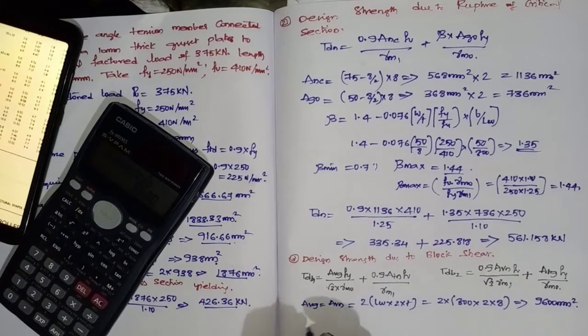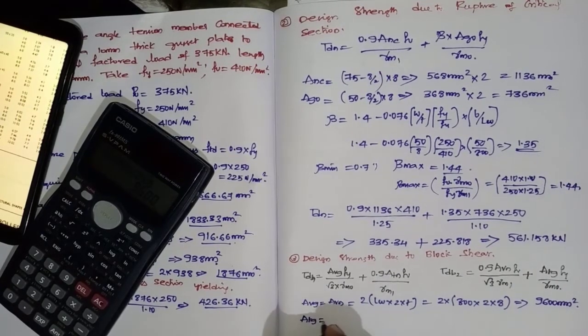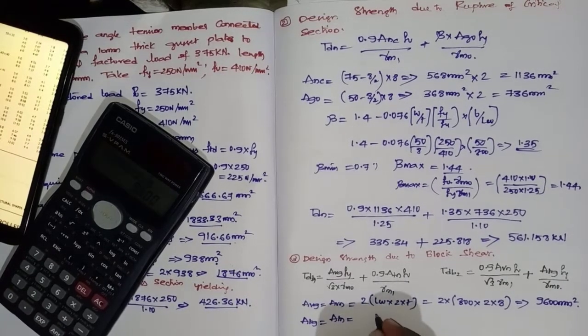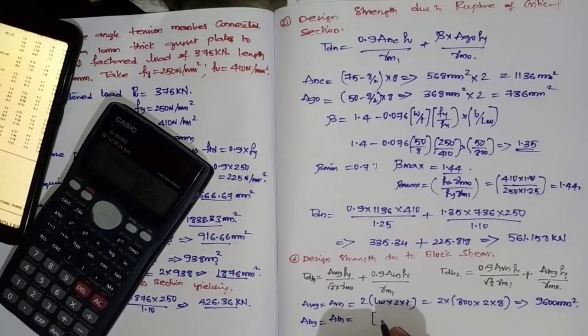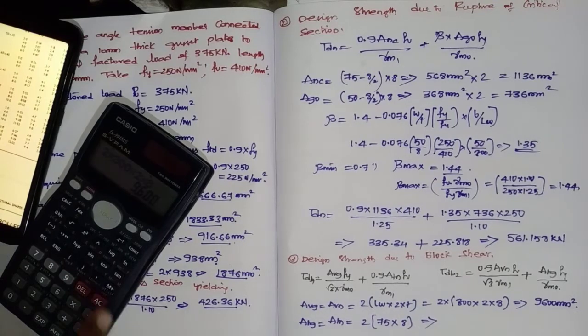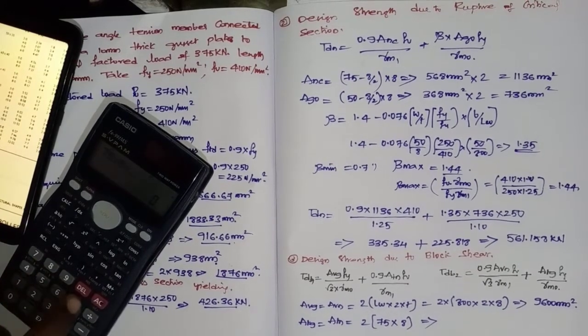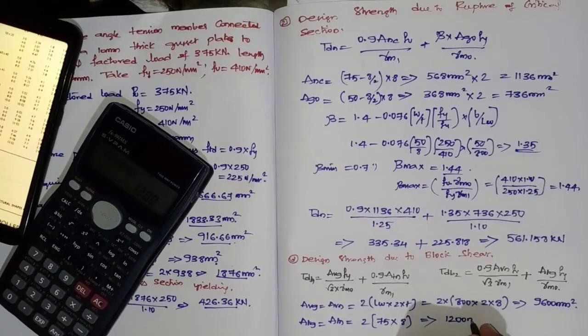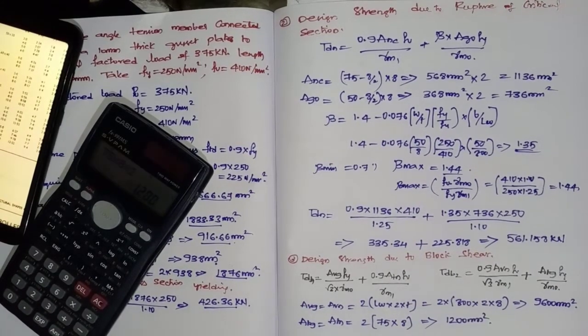Next, ATG or ATN, area under tension. That is what? Connected leg length into thickness. What is connected leg? 75 into thickness into 2 plates, right? Sorry, 2 angles. So 75 into 2, 8 into 2. So how much it is? 1200 mm square, right?